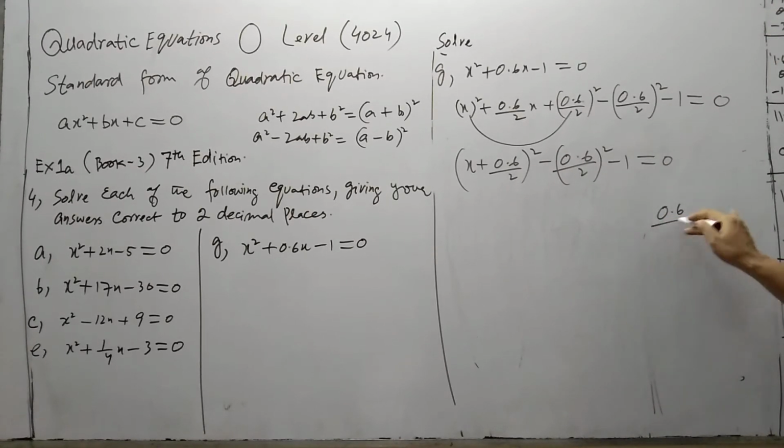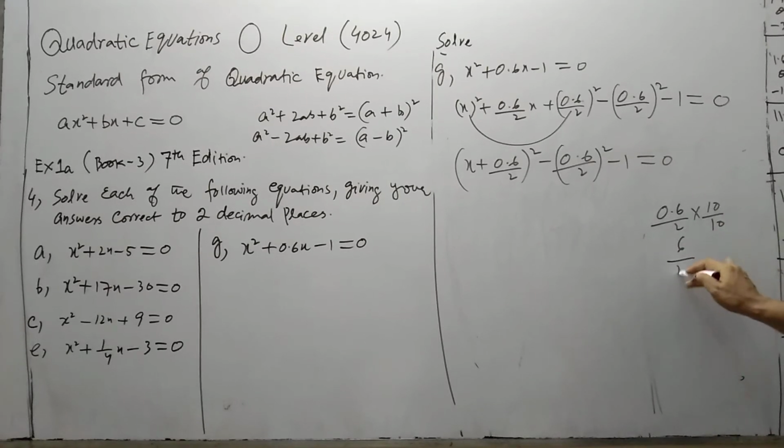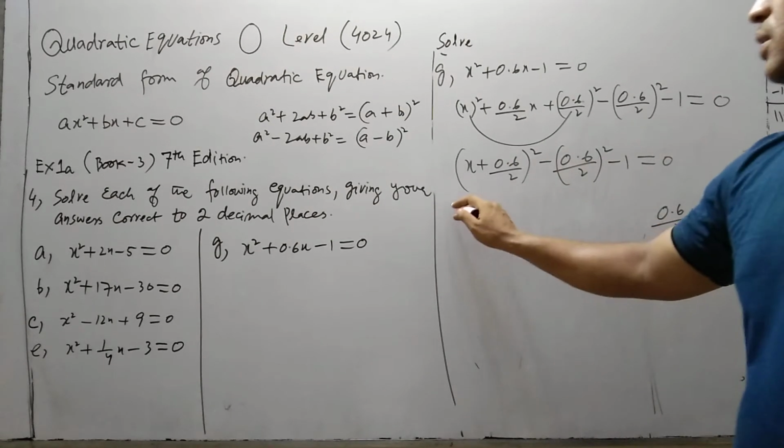What is 0.6 upon 2? 6 upon 20, 3 upon 10.